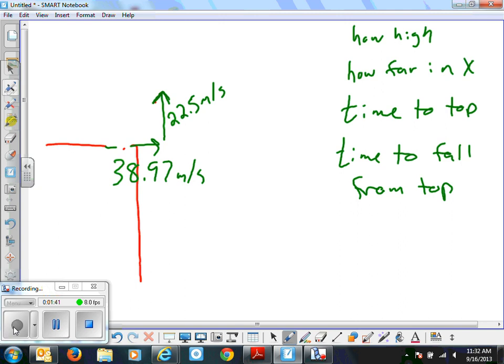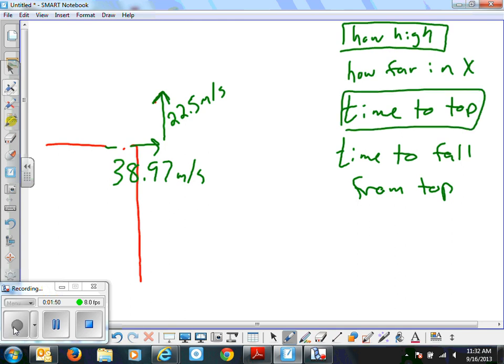So the first question is how high? Well, I think I'm going to try to figure out the time to the top first. You can use this formula, V equals V sub naught plus AT, knowing that at this point up here, the V is going to be 0. So then you have a negative V sub naught divided by negative 10 equals time.